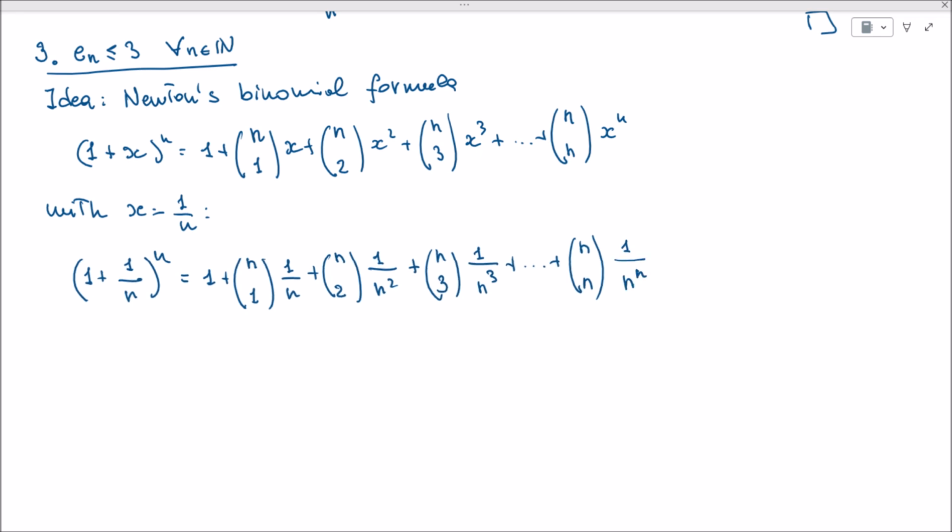Okay, now let's develop the binomial coefficient. We have 1 plus, we know that this is basically 1, right? Because this is n divided by n.